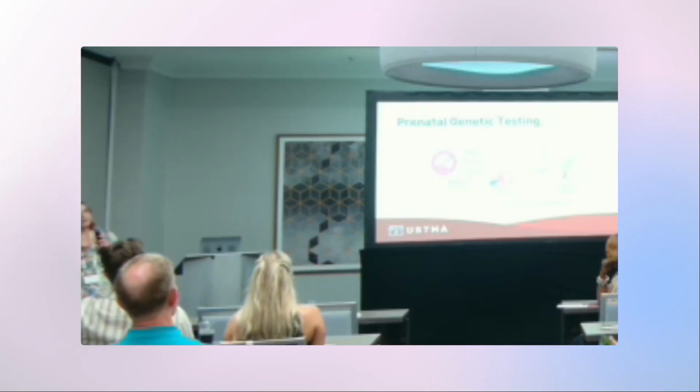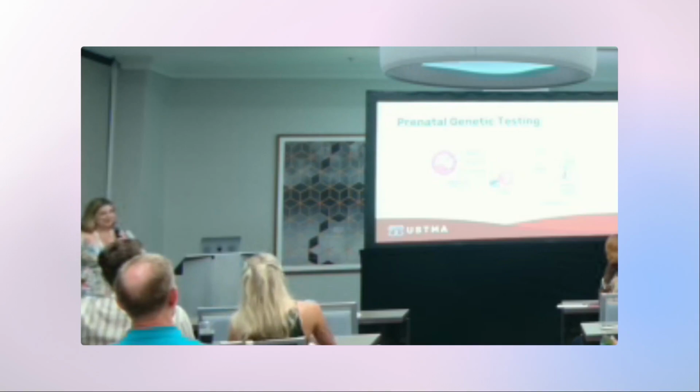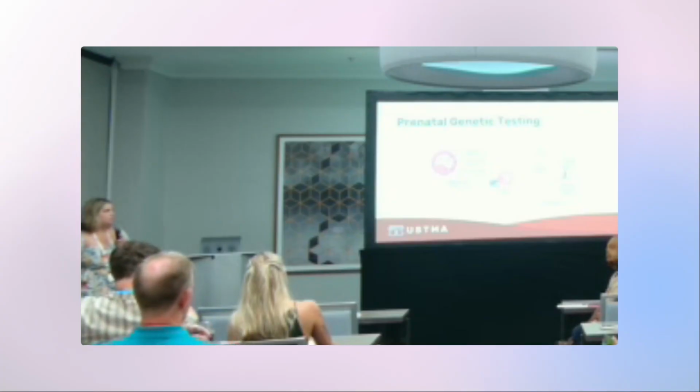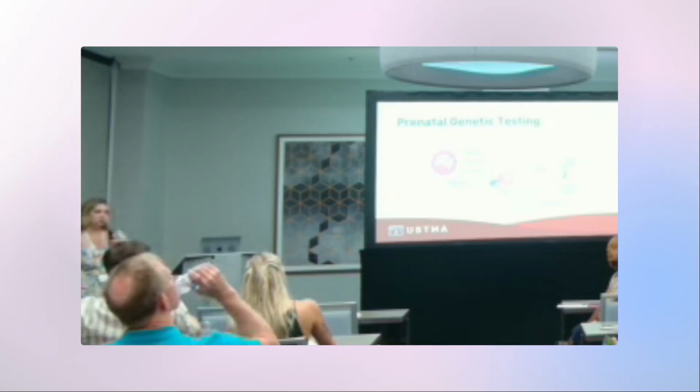We're able to do testing to say, is this an embryo that has this genetic condition or not? And then implant for pregnancy at that point. This can be extremely expensive, but there are certain grants, or some insurance companies or employers will offer benefits. So this may be something to talk with your provider about if you're interested.